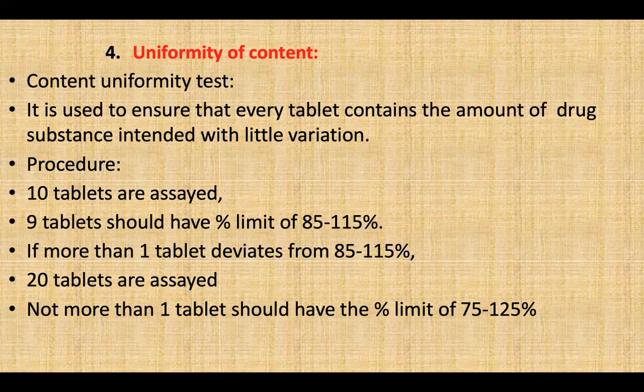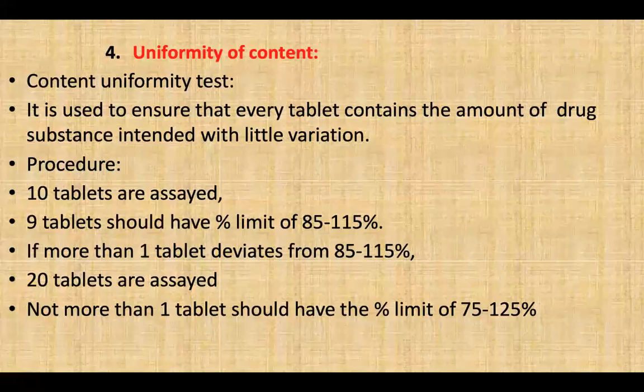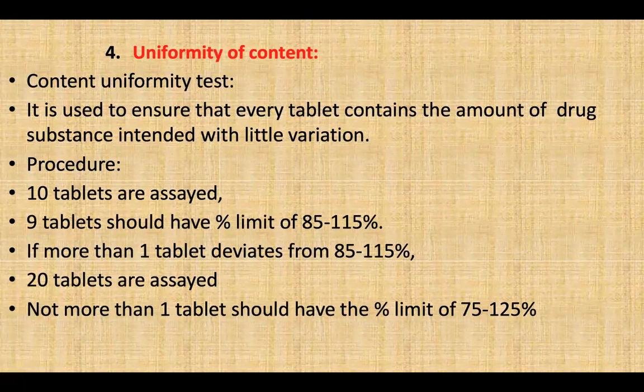If it is 90% or 110%, it is allowed. So in this test, 85 to 115 means 15 percent is allowed less or more. In certain cases 10 is allowed, in certain cases 5 is allowed. Suppose there is 100, sometimes they are 10 milligram more or 10 milligram less. This is known as the standard value.